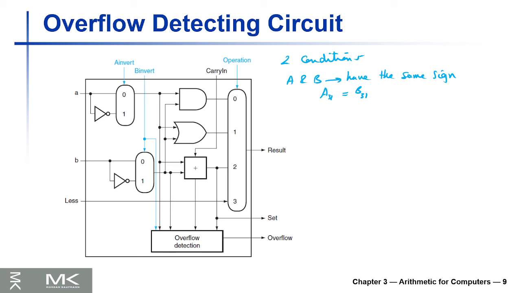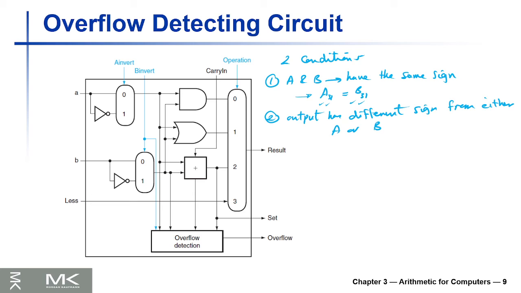If they are positive numbers, these two bits should be zeros. If they are negative numbers, these two bits should be ones. This is condition 1. The second condition, the output has different sign from the input. So the result has different sign from the inputs, from either A or B, because we agree that the first condition means both have the same sign.